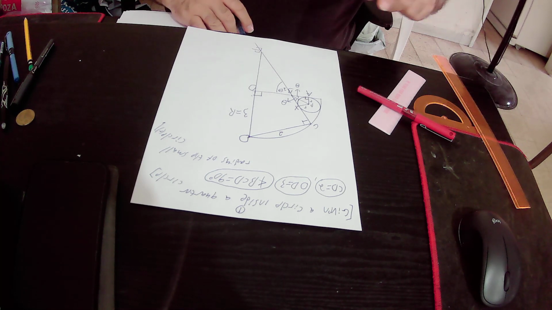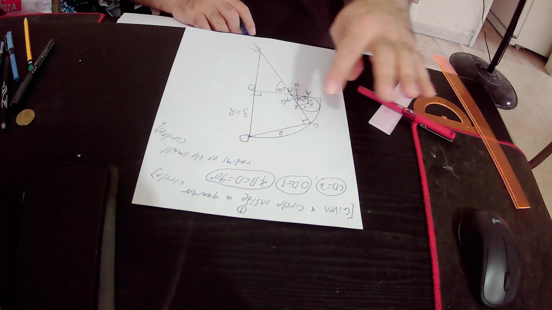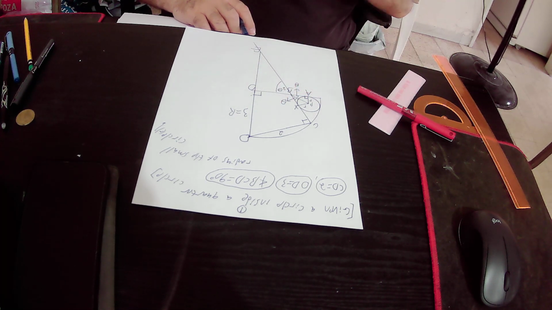Actually, it is given in the question that angle BCD is a right angle, it equals 90 degrees.